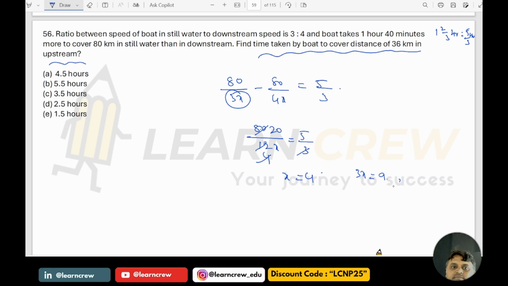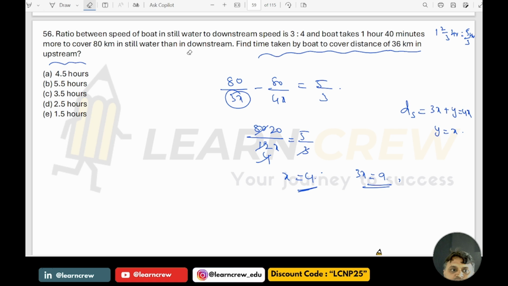Find the time taken by the boat to cover 36 kilometers upstream. Downstream speed is nothing but still water speed plus the stream speed, which is x plus y. This is 4x, so y would be x. Here x is actually the stream speed.